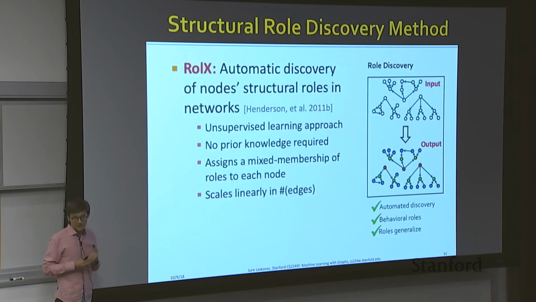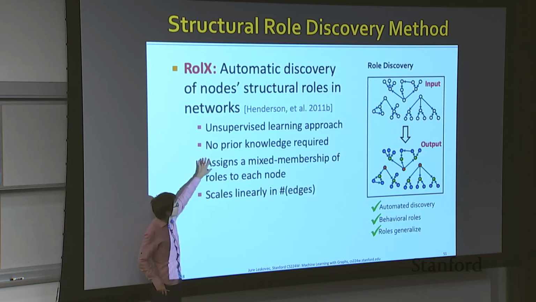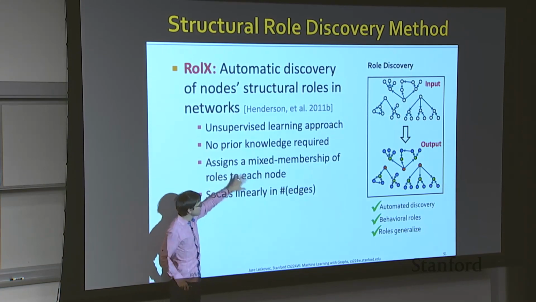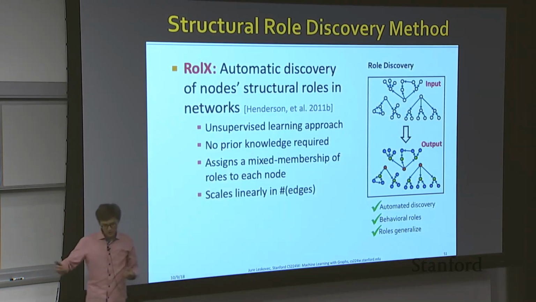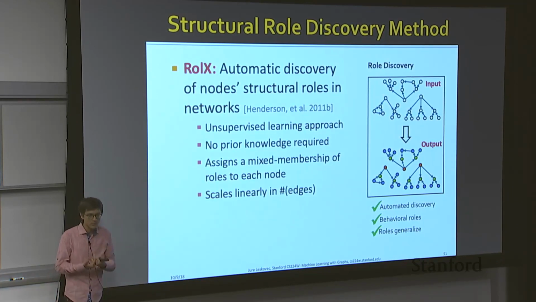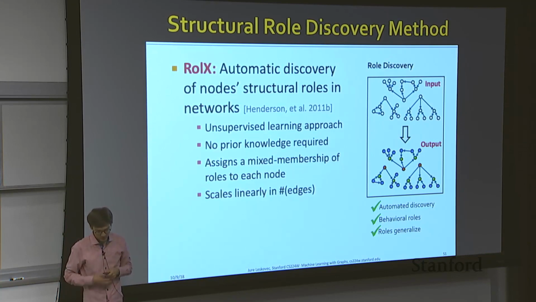The method I'll talk about is called RoleX, which is automatic discovery of node structural roles in networks. This will be an unsupervised approach where no prior knowledge is needed. It will assign a node to a mixture of roles, and it will discover both the roles as well as the membership of the nodes to those roles, right?